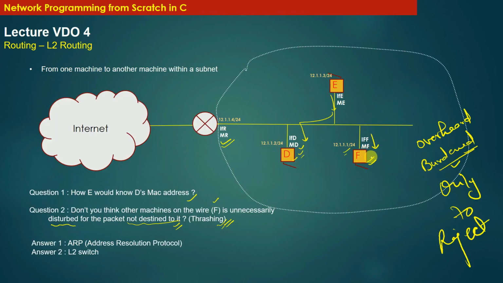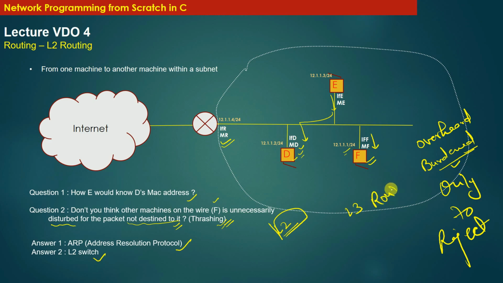So to solve these two problems, we have the Address Resolution Protocol called ARP, and the second problem is resolved by the L2 switch. So remember, this problem is solved by the L2 switch and routing is done by the L3 router.